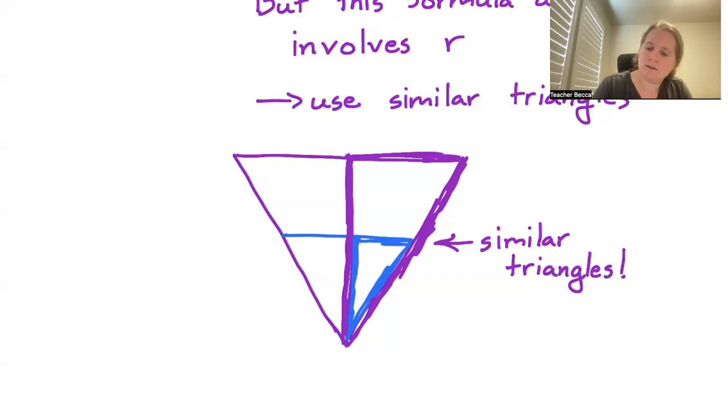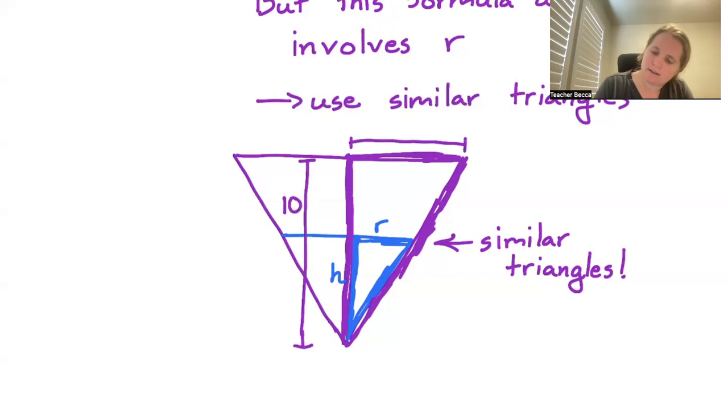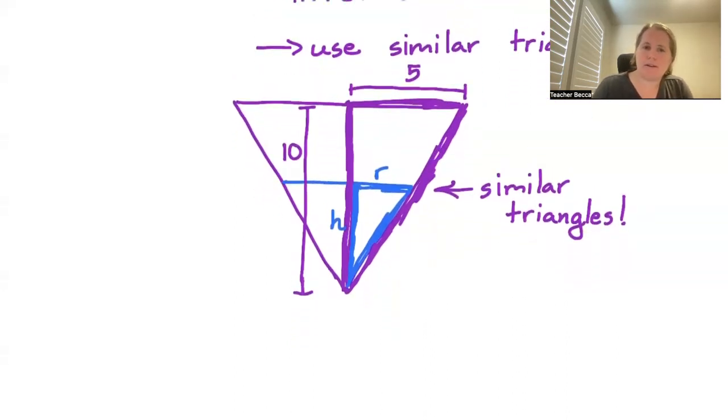The blue triangle has height h and radius r. The purple triangle has height 10 and radius 5. So essentially we have a capital H equaling 10 and a capital R equaling 5.